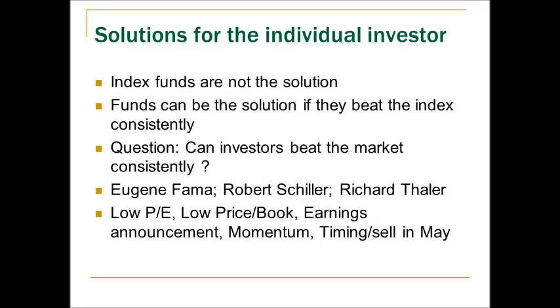It looks like there are strategies that can be explored to beat the market, and among them, low PE, low price to book, earnings announcement, momentum, and timing, sell in May, are strategies that have been explored, and it looks like there are ways to beat the market following these strategies.